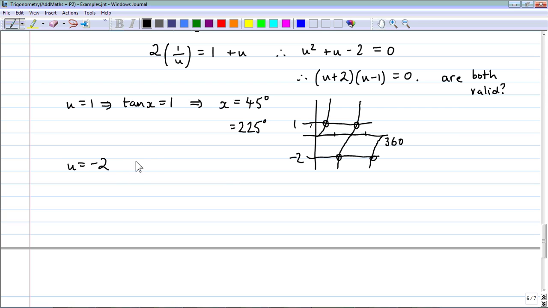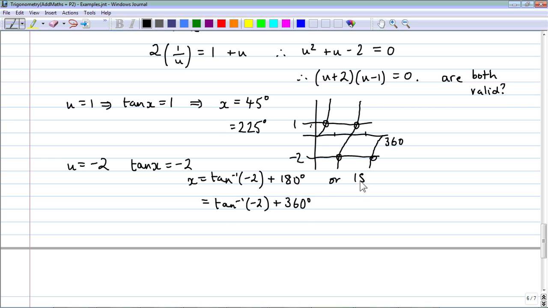And the values of x will be inverse tangent minus 2, which is a negative angle, plus 180 degrees, and inverse tangent minus 2 plus 360 degrees, or if you prefer you could write 180 degrees minus inverse tangent 2. And of course you should use the calculator to find those values, but I won't do it now.